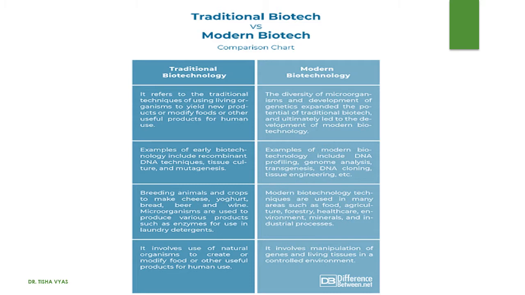Whereas modern biotechnology is used in many areas such as food, agriculture, forestry, healthcare, environment, minerals, and industrial processes. Traditional biotechnology involves the use of natural organisms to create or modify food or other useful products for human use, whereas modern biotechnology involves manipulation of genes and living tissues in a controlled environment.